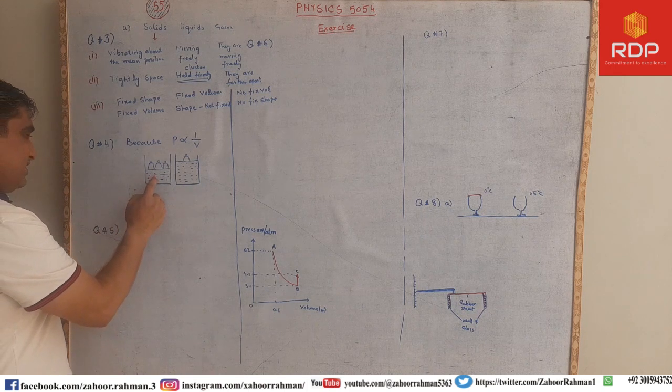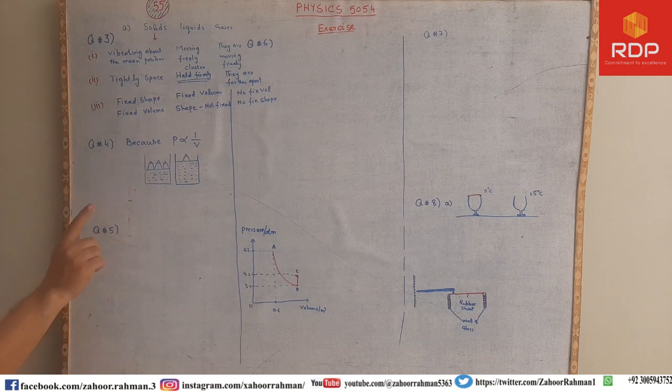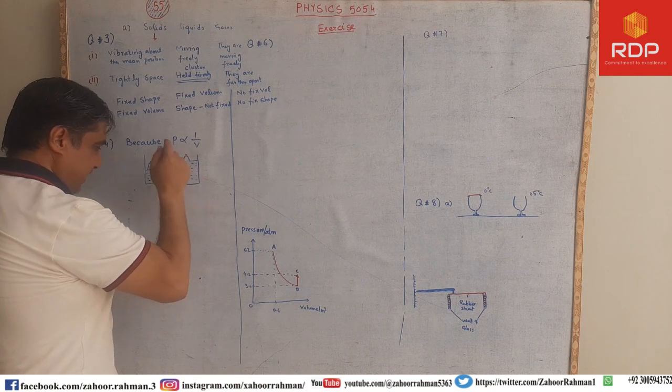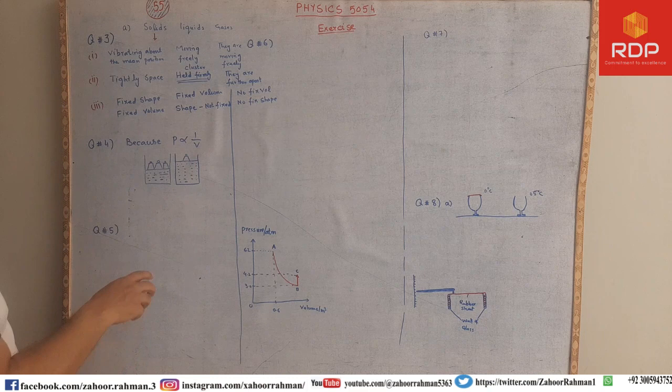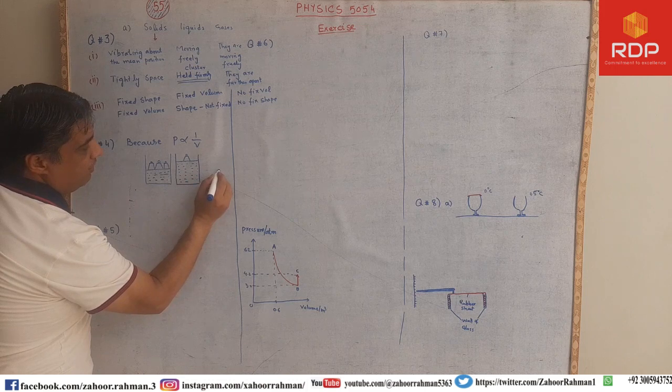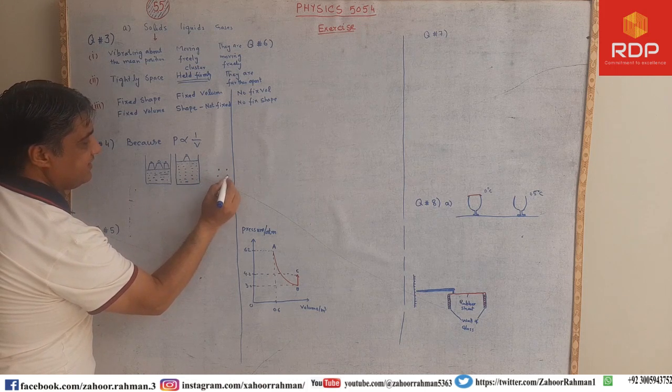When the volume is decreased, pressure is increased. When the volume is increased, pressure is decreased. So both are inversely proportional to each other. And why is it happening according to the kinetic molecular theory of matter? There are molecules inside it.